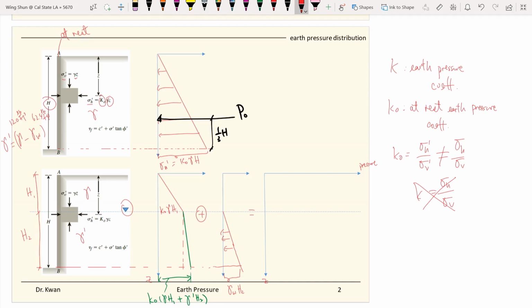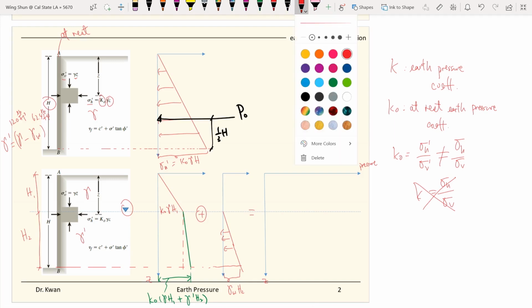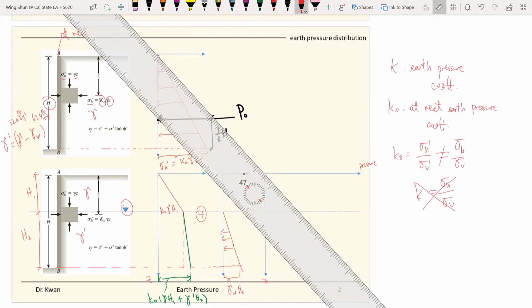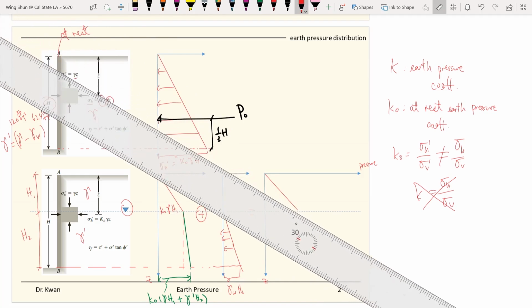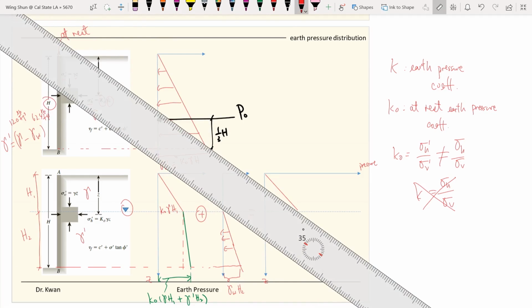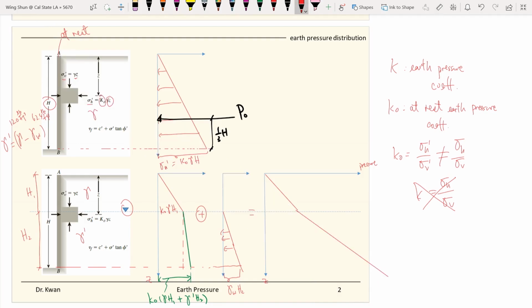Which means first of all you will have the dry part that we talked about, and then you also have the soil plus the water part adding on it. So again, this part will be equal to K naught times unit weight times H1 again.